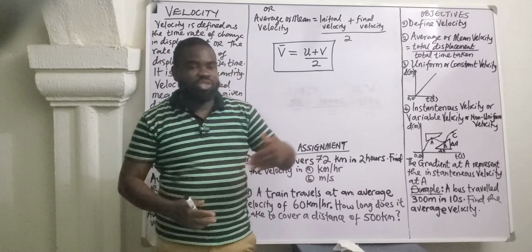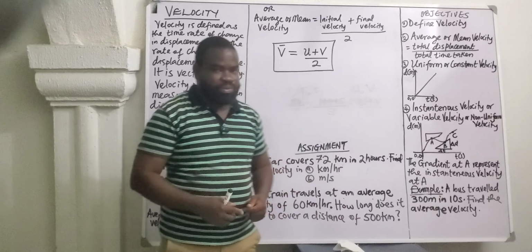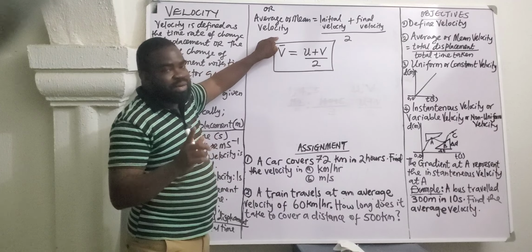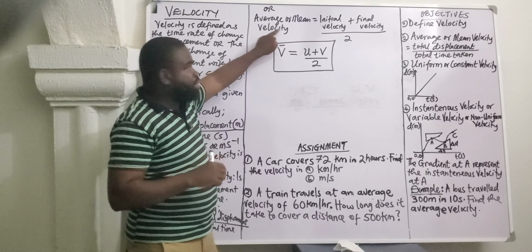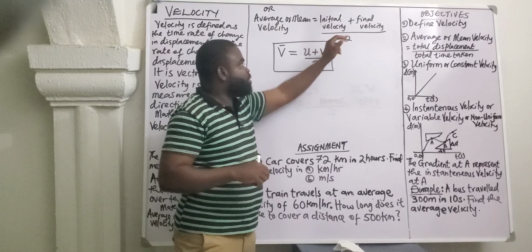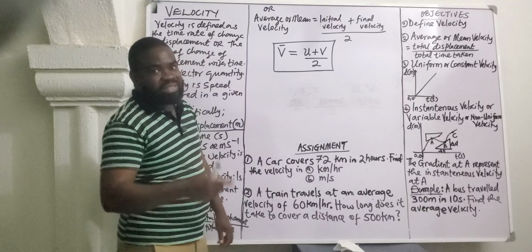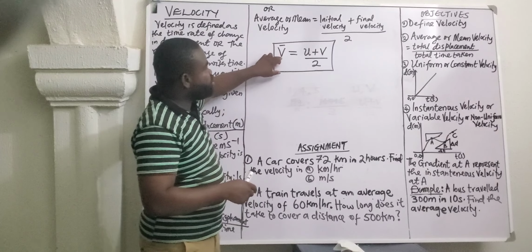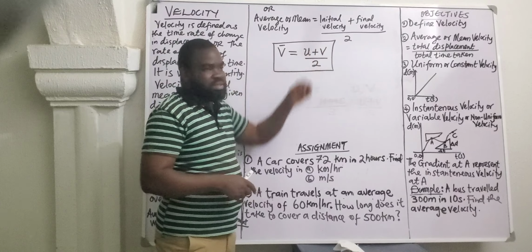So you can say the speed of the body or the velocity of the body. What am I saying? This formula I just established, for average velocity, initial velocity plus final velocity over 2, can also serve to represent average speed. So I will say average speed is initial speed plus final speed over 2.